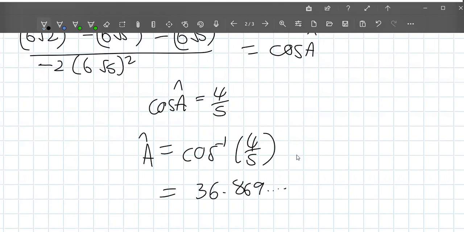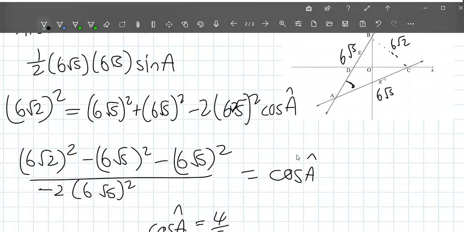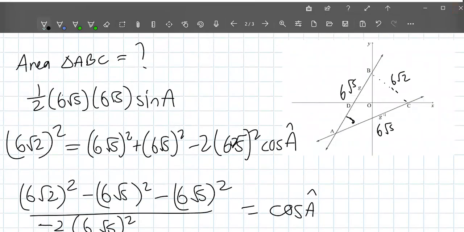And then we were looking for the area. So the area of this triangle is going to be the sandwich between the sides: we want this side 6 square root 5, and this side 6 square root 5. So here's our area already written, but our angle is now 36.869 and so on.